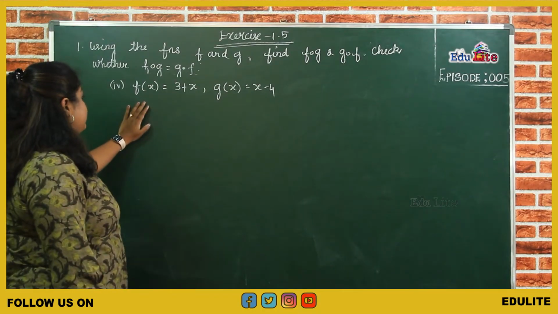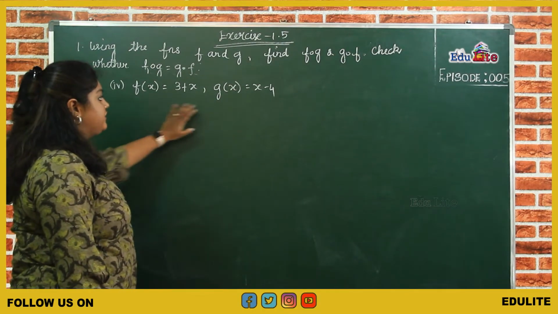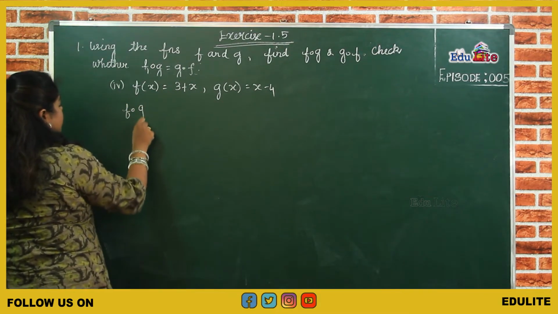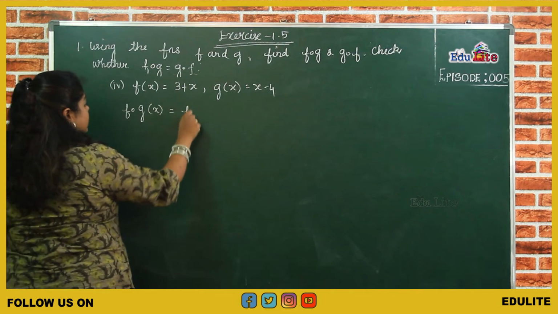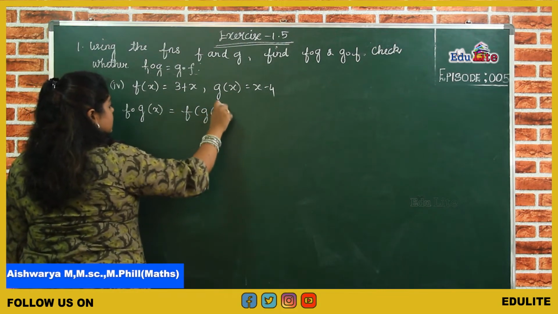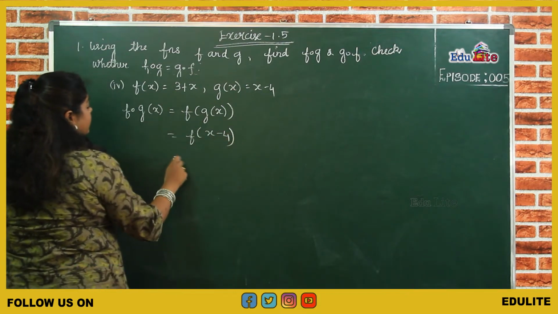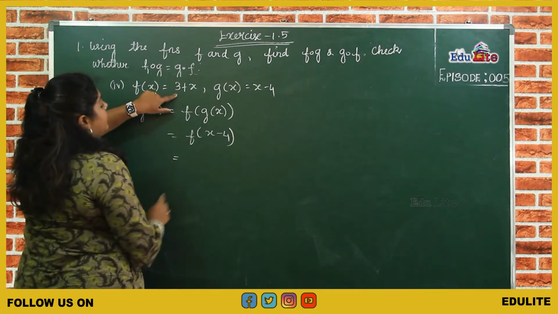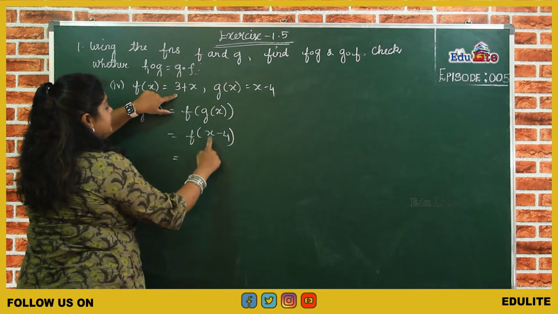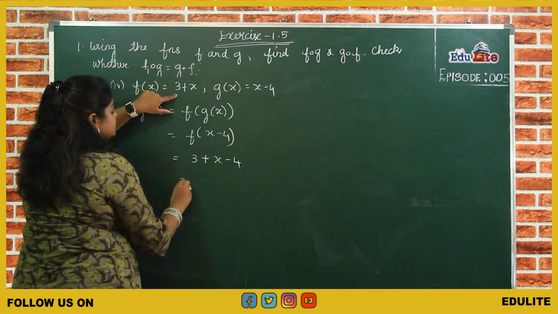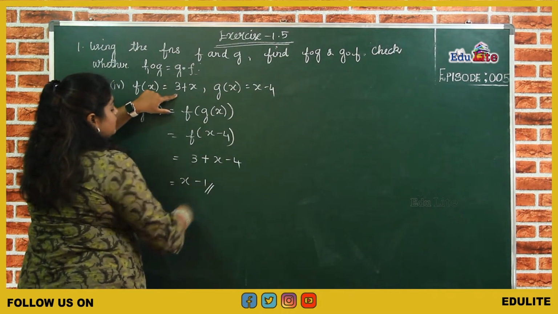In the fourth subdivision, f of x value is 3 plus x and g of x value is x minus 4. We will find f composite g and g composite f. f composite g is written as f of g of x and g of x value is x minus 4. Now, we have to use the relation f of x. In place of x we have to substitute x minus 4. Therefore 3 plus x minus 4, it will give us x minus 1.